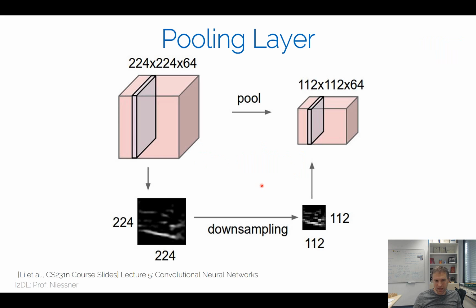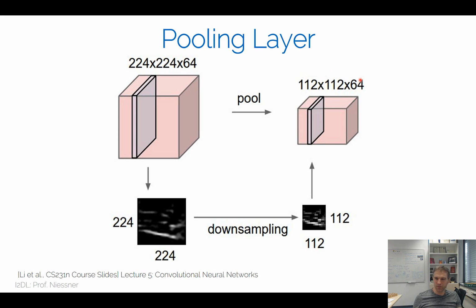So the idea here is you're going to have an image, or a feature map in this case, that is 224 squared, and we have 64 feature channels here. That's just an output of a ConvNet after a certain layer. And now what we would want to do is go ahead and downsample this image, quote unquote, pool it to a smaller resolution of 112 squared, same number of feature channels.